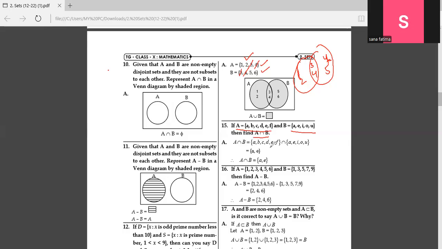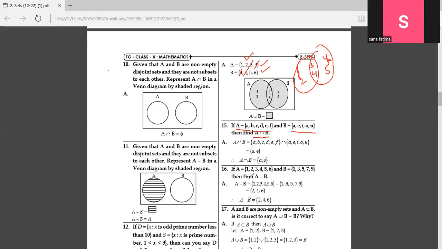If elements are in common, you have to write down only the common elements. In union, you write down all the elements at a time, set A and set B combined. In intersection, you write down only common elements. You should not write anything apart from that. Therefore, A intersection B is only the common elements.